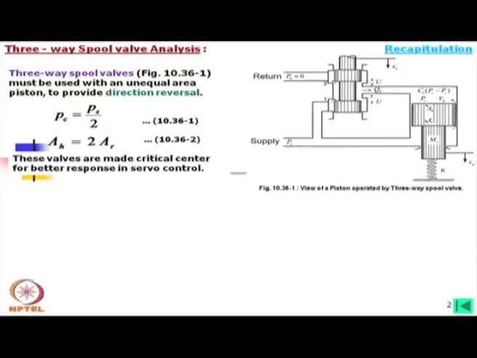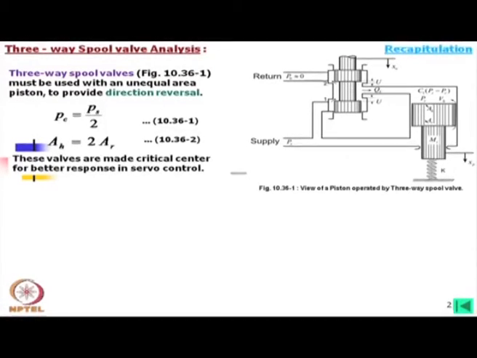However, to maintain the tolerances, because even if this is closed, there will be radial clearance through which there will be leakage. Usually you will find, if you measure the dimensions very accurately, the dimension of this length is slightly more than the groove width.